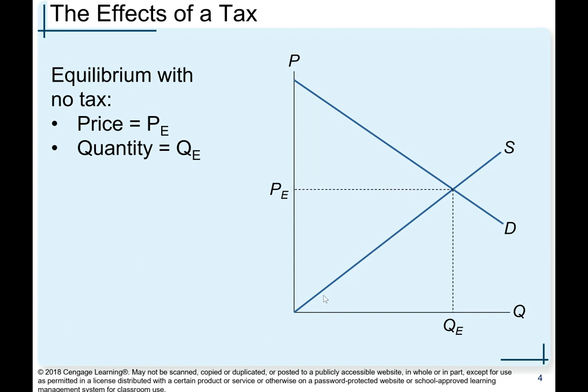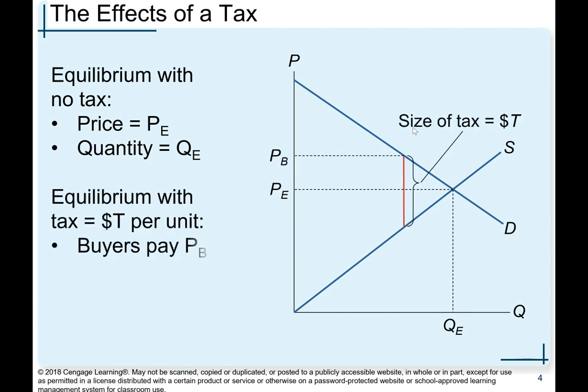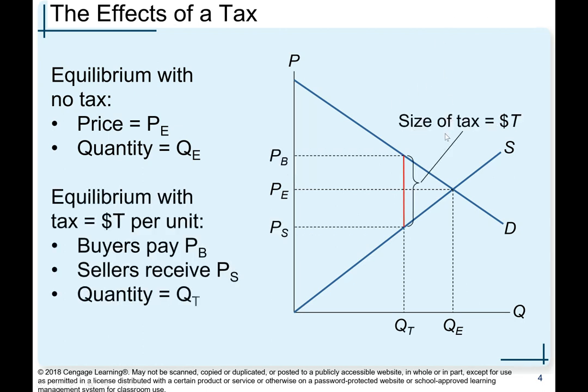Graphically, let's look at the effect of a tax. Here is a graph at equilibrium at PE and output at QE. This is equilibrium before any tax is imposed. When the tax is imposed, this red vertical line is the size of the per unit tax.